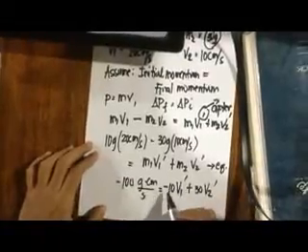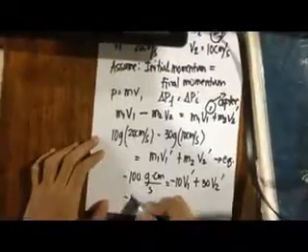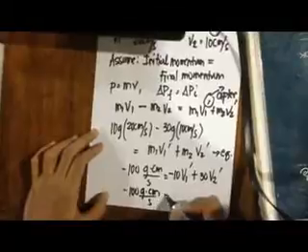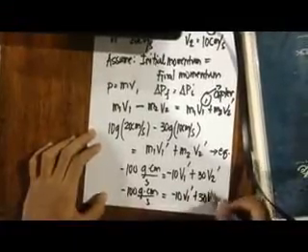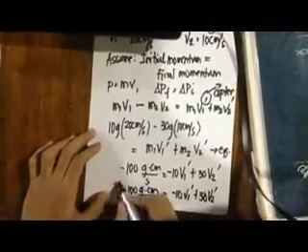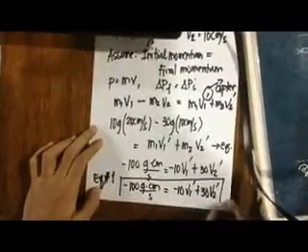So simplifying the equation, we have negative 100 gram centimeters per second is equal to negative 10 v1 prime plus 30 v2 prime. This will be our equation number 1.